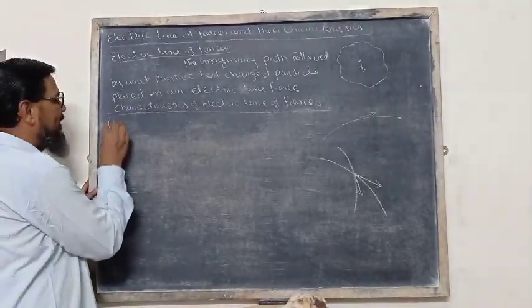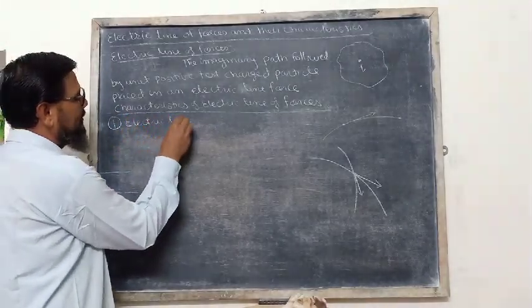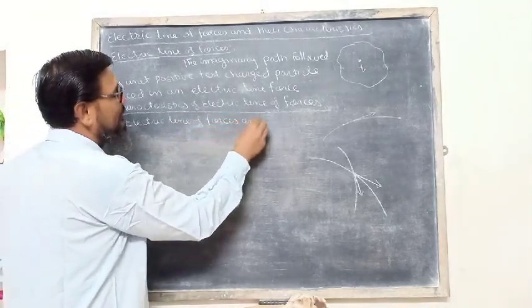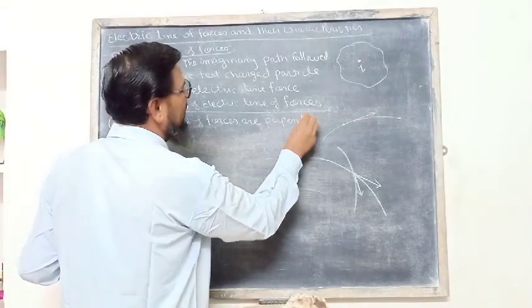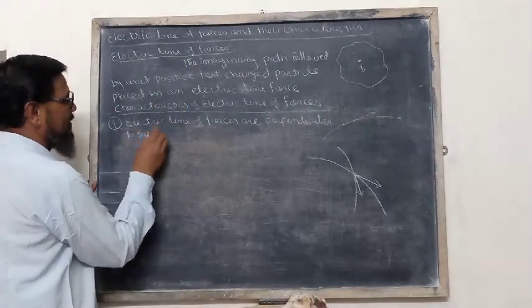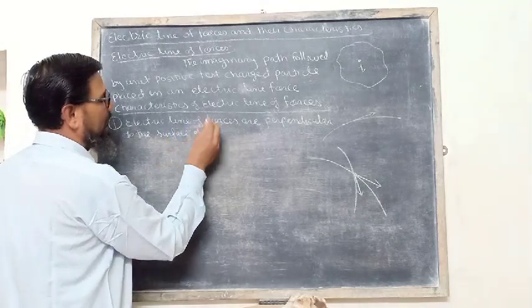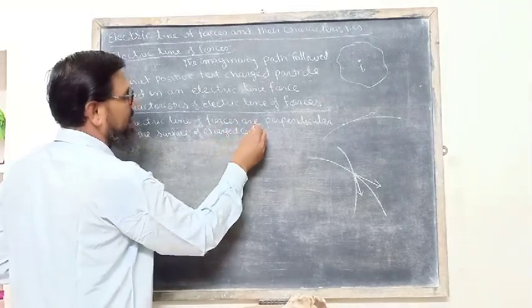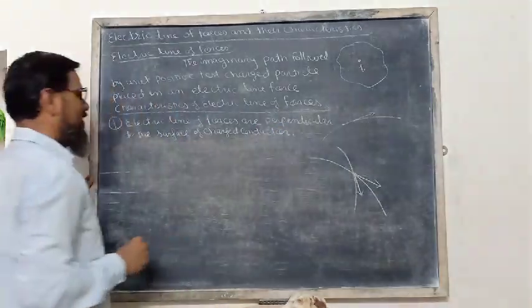The first one is electric lines of force are perpendicular to the surface of charged conductor. This is the first characteristic.